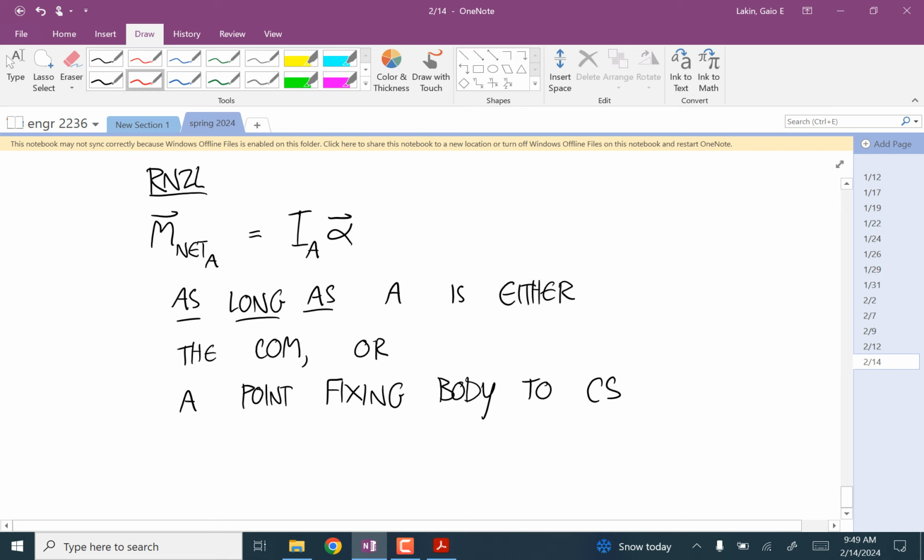So this would be like a hinge or a ball and socket joint or something.